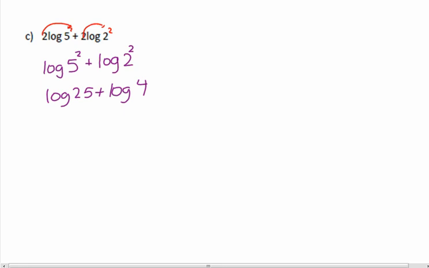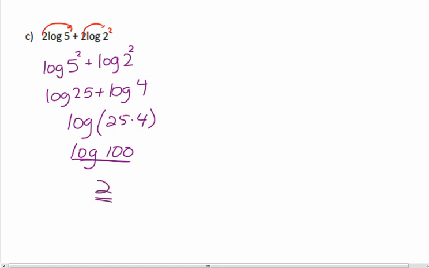There's nothing in front of our logs. So what do we do with those 2 numbers? Multiply them, right? Which gives you log of 100. So 10 to the power of what? So log 100 is our single log. 10 to the power of 2. So your answer is 2.